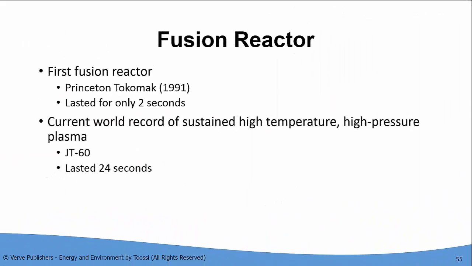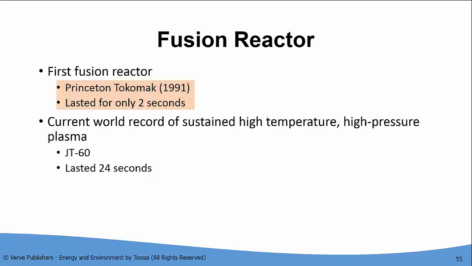There are different fusion reactors, and I suggest you read more about them in the textbook, which describes basically two. The main one is the tokamak, a Russian technology, and we have one at Princeton University.